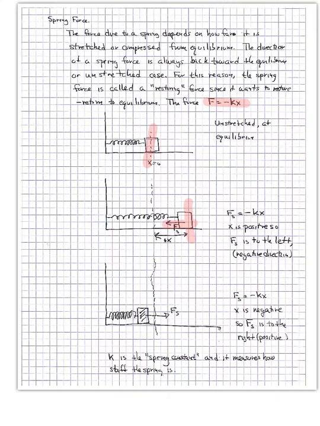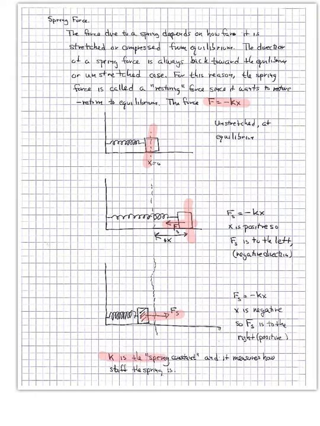So here we see this property in practice. If we compress the spring, then the spring force points to the right. It's always back toward equilibrium. So here, the x is negative, it's displaced to the left of equilibrium, and the force is now pointing to the right.